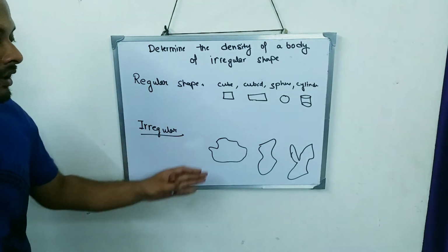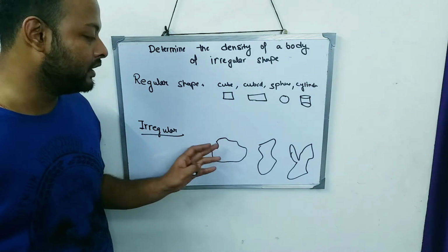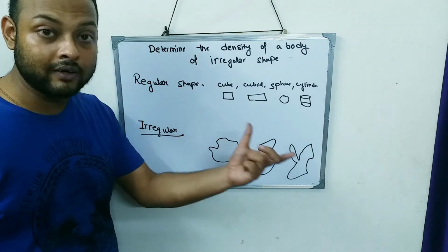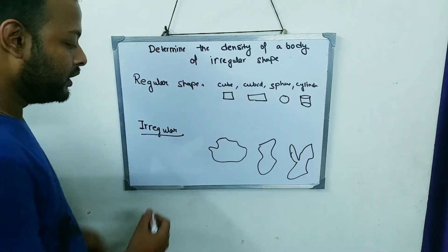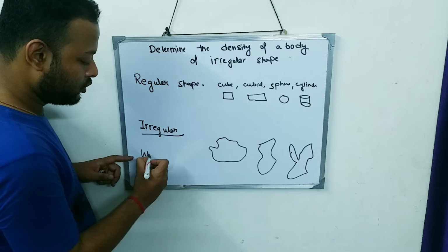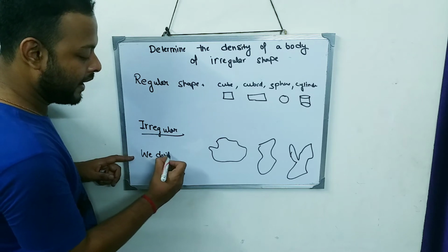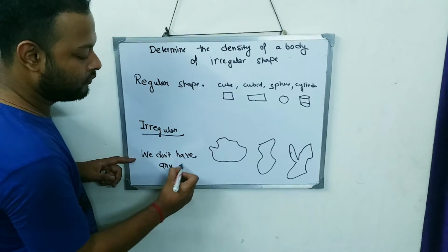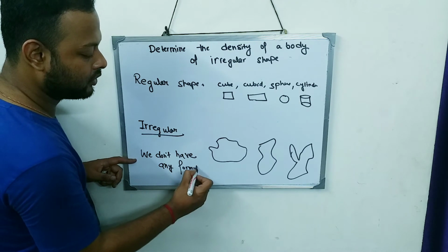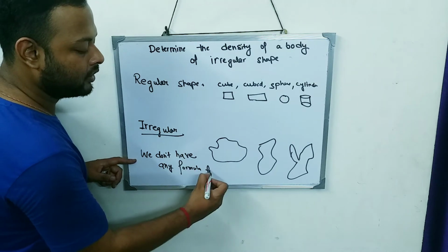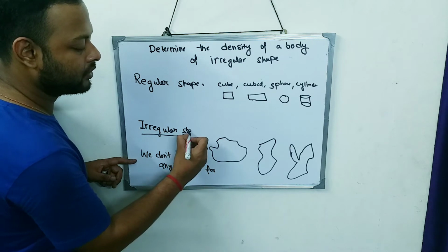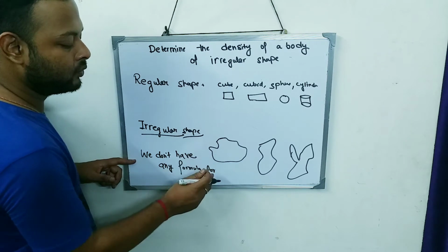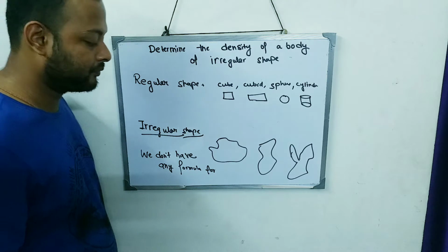But to get the volume of an irregular shape, I don't have a formula. For irregular shape, we don't have a formula.